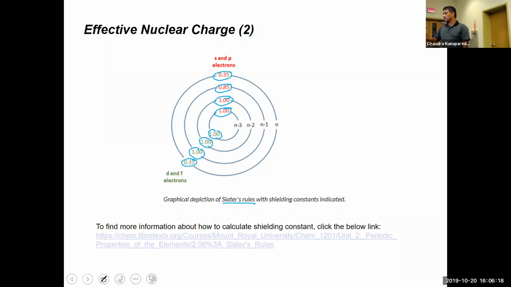So he grouped d and f orbitals together and s and p subshells together and gave a unique shielding constant to each, so that once you have the electronic configuration, you plug in the shielding constants to replace the completely filled subshell electronic configuration, which eventually gives you a numerical number.